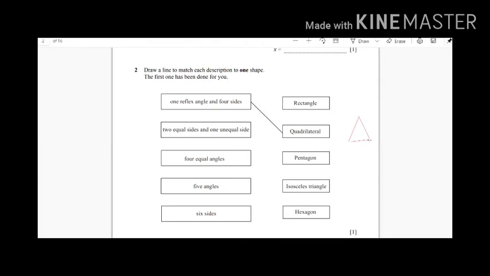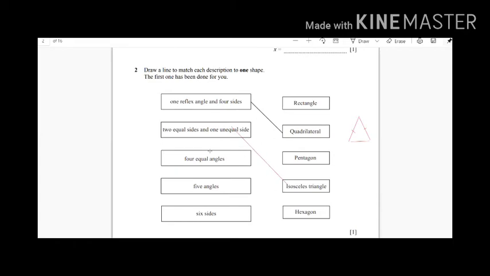So what is this? Can you name this out of these four? Isosceles triangle? Yes, isosceles triangle. I will click this one. Okay, so I will select this isosceles.